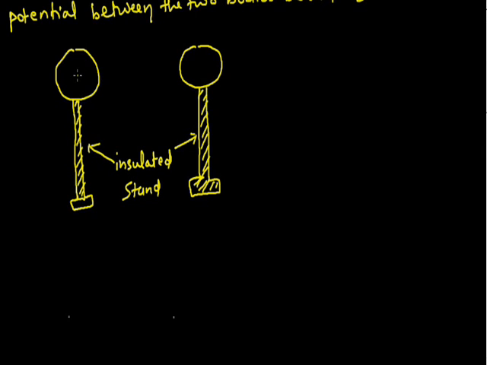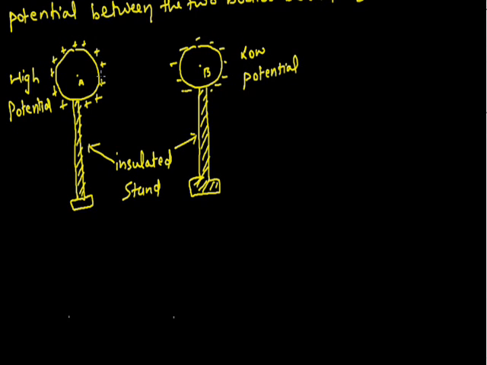Charge on body A is positive and charge on body B is negative. This is body B. Body A is at high potential and body B is at low potential.